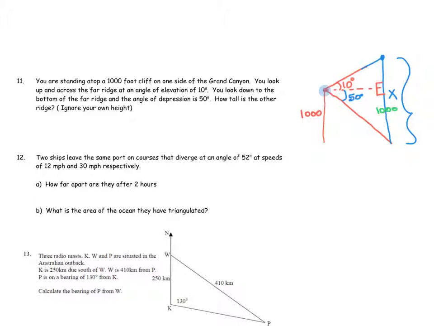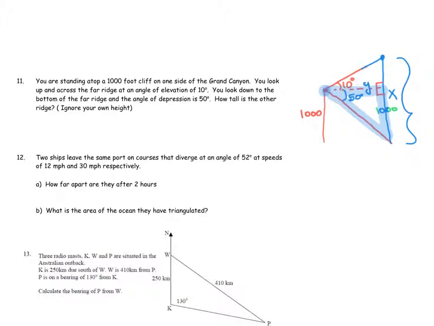So what I can do is use this right triangle. I have an angle, I have the opposite side, and I need the adjacent side. When I have this side and this angle, I can use this triangle. So let's use first this right triangle over here. Tangent of 50 is opposite over adjacent. So let's call this y.